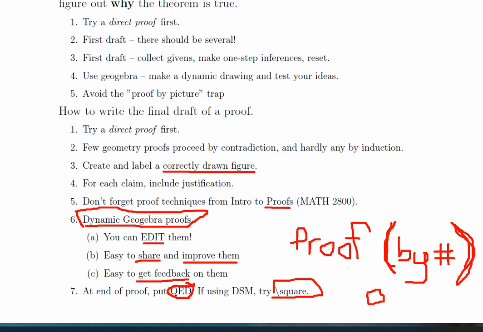And I wanted to alert you to that because we're going to be doing more of these, and we're going to start into Euclidean geometry where there's a bunch of axioms and a bunch of theorems. But here's the thing. If you're proving theorem 20, you get to assume that theorems 1 through 19 are true and have been proven.